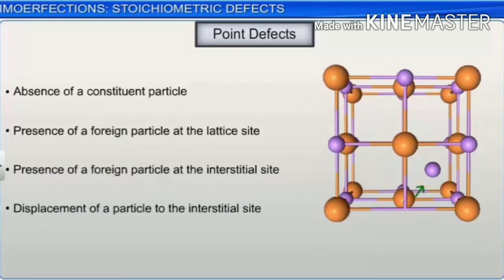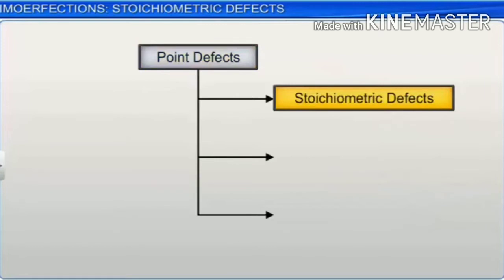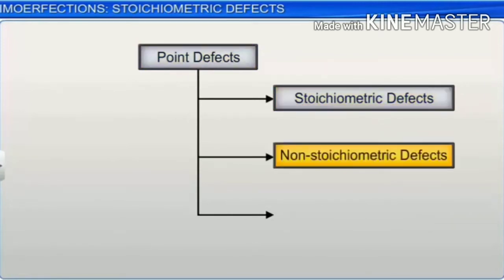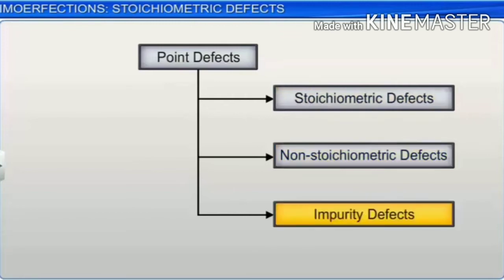Point defects are classified into three types, namely stoichiometric defects, non-stoichiometric defects, and impurity defects. Let's first learn about stoichiometric defects.